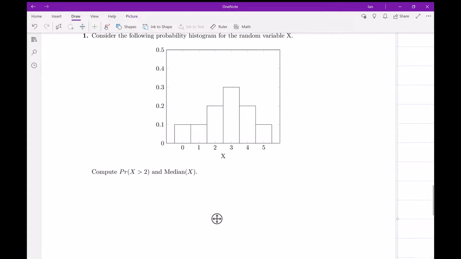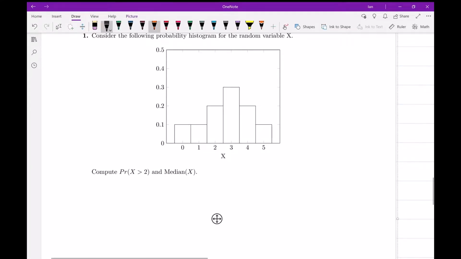let's use orange. This is going to correspond to the rectangles associated with the values greater than 2. So it's the area of these rectangles. And right, the rectangles have width 1, so their area is simply their height, so we add them up.